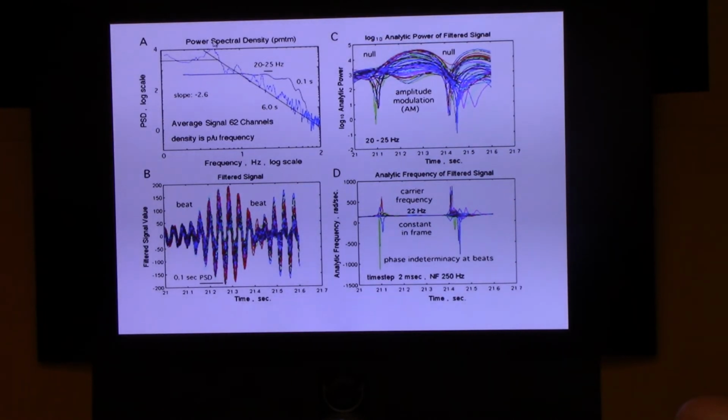Okay, this is a power spectral density plot. Log frequency is on the x-axis and log power is on the y-axis. Do you know how a power spectral density is calculated? You take a signal, a complex time series, and analyze it, most commonly with a Fourier method.